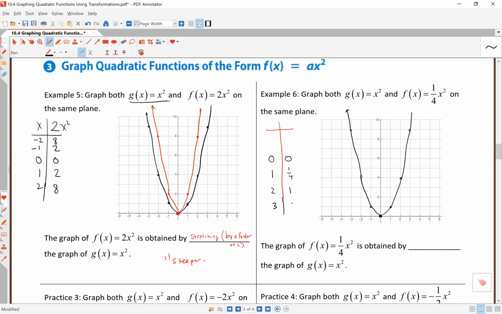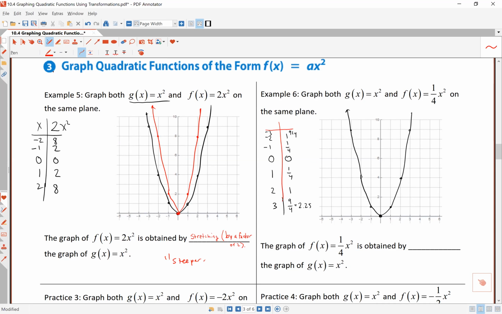And 3 squared is 9 times a fourth is 9/4, or 2.25. The negatives do the same thing. Negative 1 squared is 1 times a fourth. Negative 2 squared is 4 times a fourth is 1. And negative 3 squared is 9 times a fourth is 9/4.